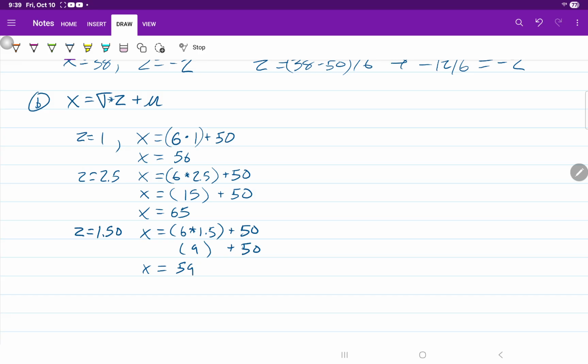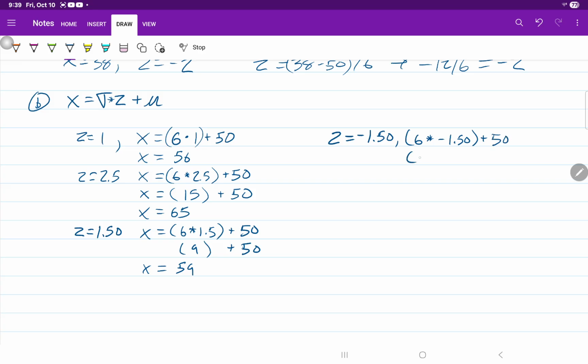And the next one, that would be z equals negative 1.5. So now we're going to be below the mean. So again, we're going to do 6, our standard deviation, times negative 1.5 plus 50.